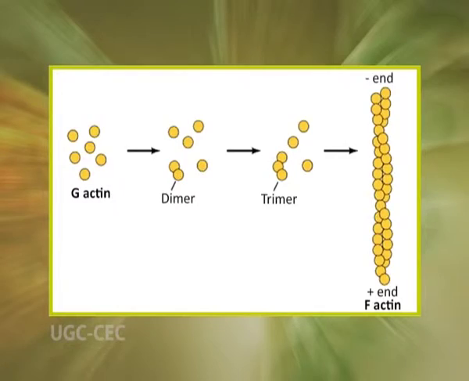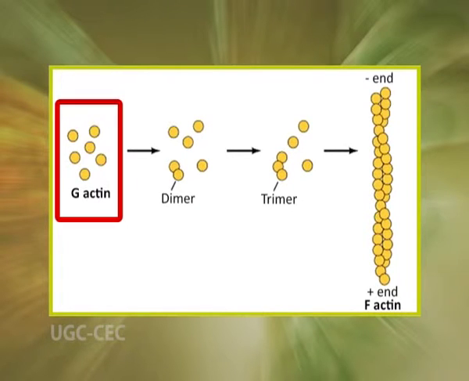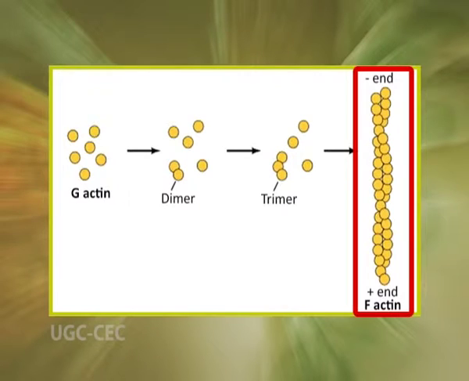engulf particles and divide. Actin, the major constituent of the thin filaments, exists in two forms: G-actin, which is a 42 kilodalton monomer, and F-actin. F-actin is formed by polymerization of G-actin and resembles the thin filaments found in muscles.